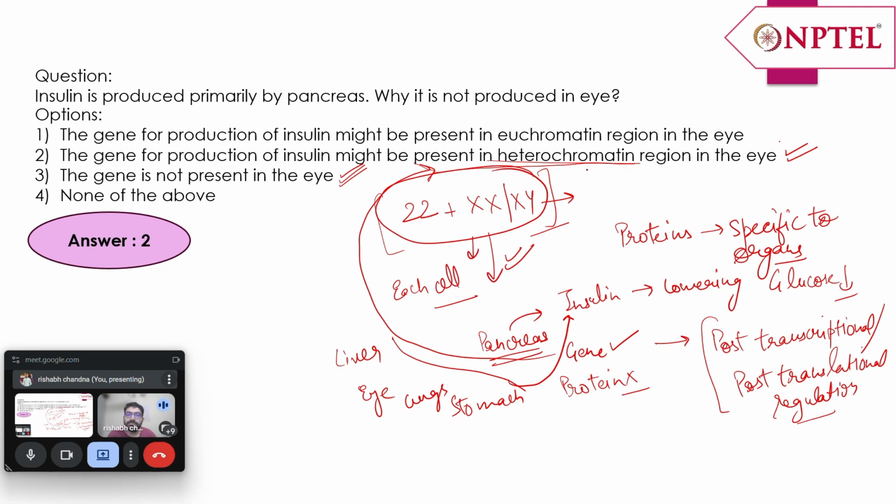The heterochromatin region would be transcriptionally inactive, and it will help the gene to not express in that particular organ. Okay, is the explanation clear? Any doubts?